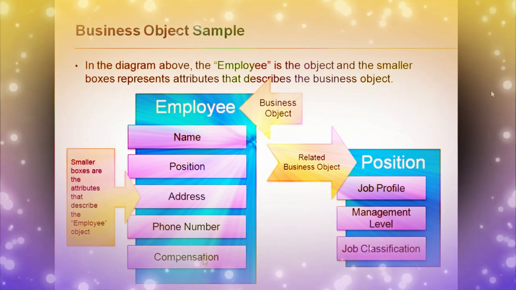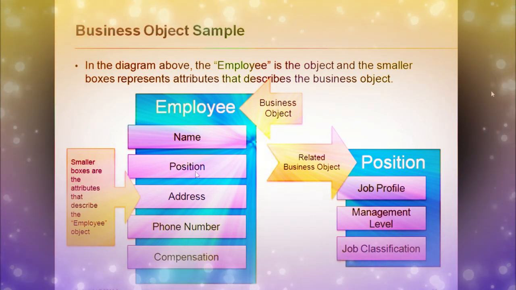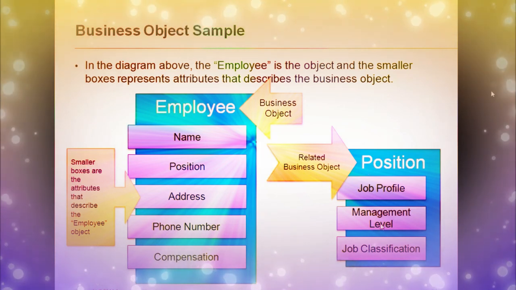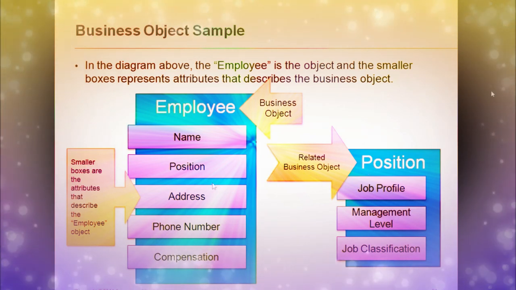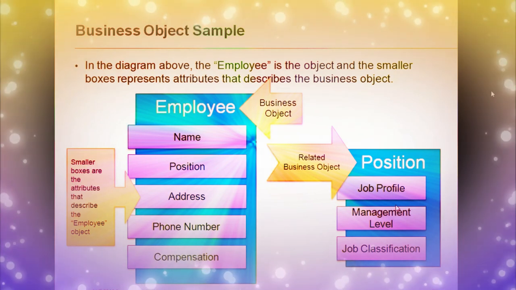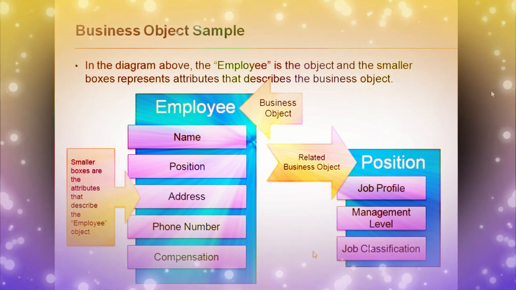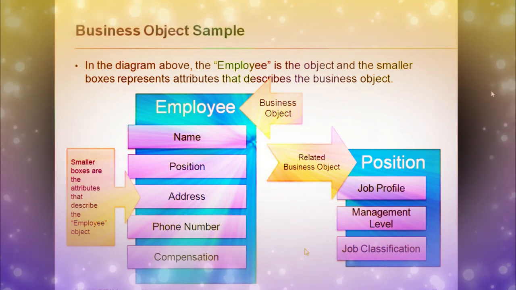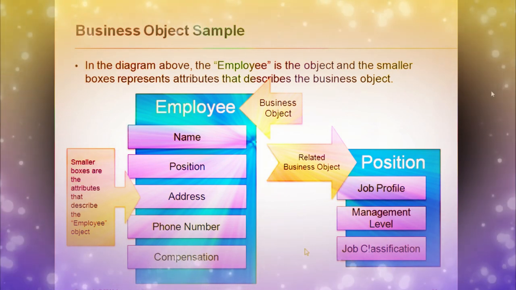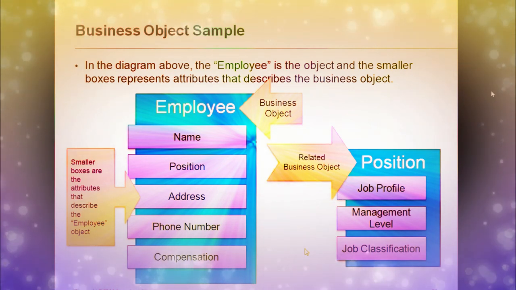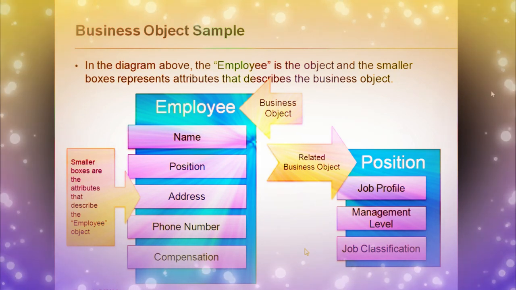If we click on any one object, it goes to the other. These are the related objects that belong to position, and in that we can click whatever we need, the job profile, the management level, or the job classification. So this is the outline picture of a business object, with Employee as the example object.